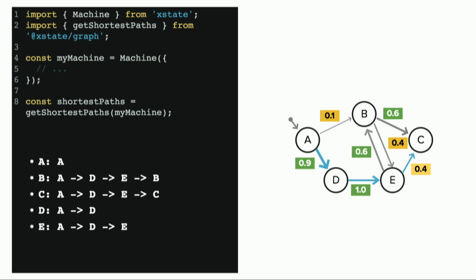So based on those weights, we could determine what the shortest paths are, and those paths might not be what you expect. For instance, given these measurements, we see that the shortest path from A to C is actually ADEC and not ABC.